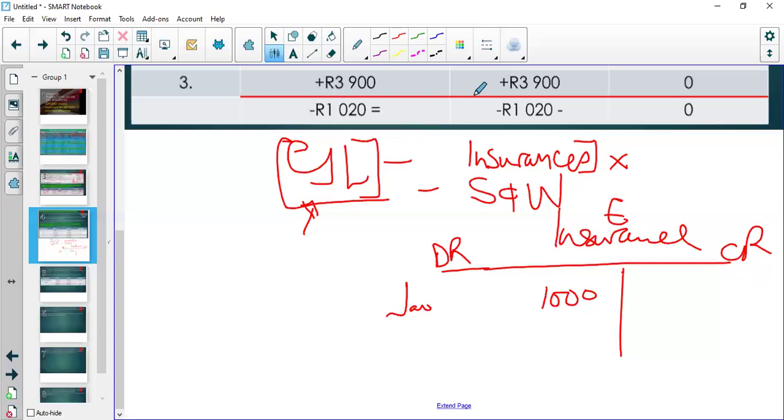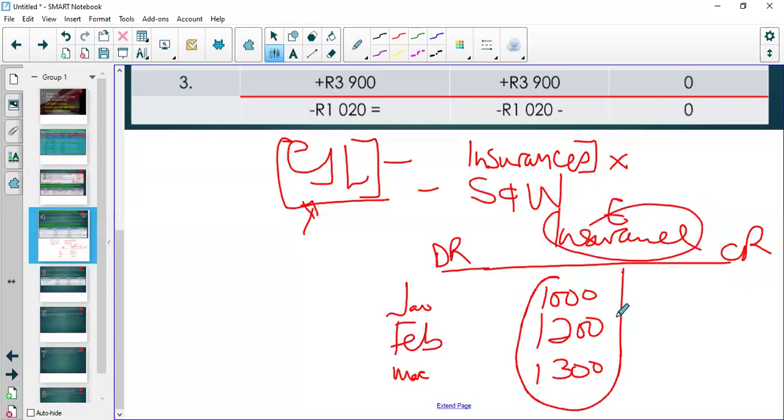We're gonna open a general ledger account and keep on recording each time there is a transaction for that particular account. So then in February, 1,200, we're gonna record it there. We pay in March, we're gonna record again. Then at the end in December, we check to see how much insurance we paid for the whole year.